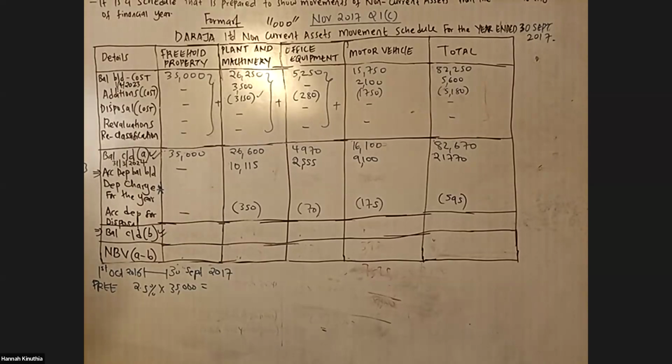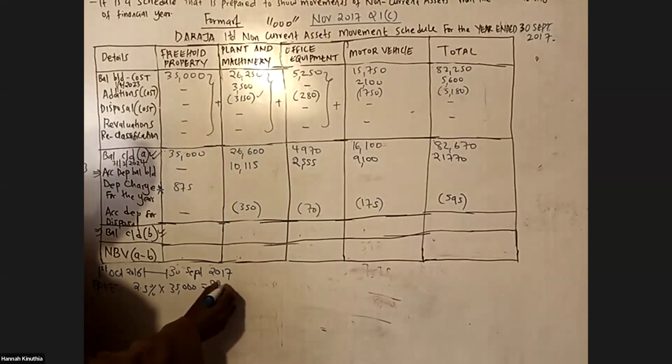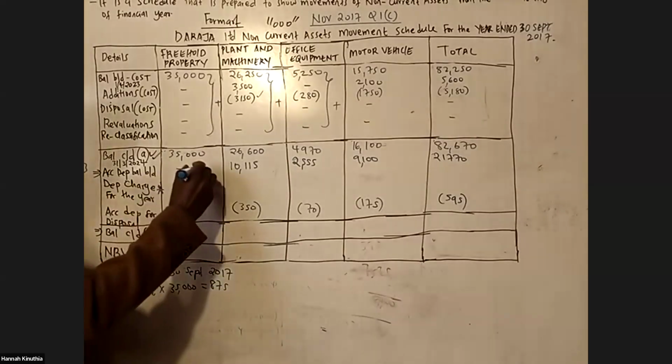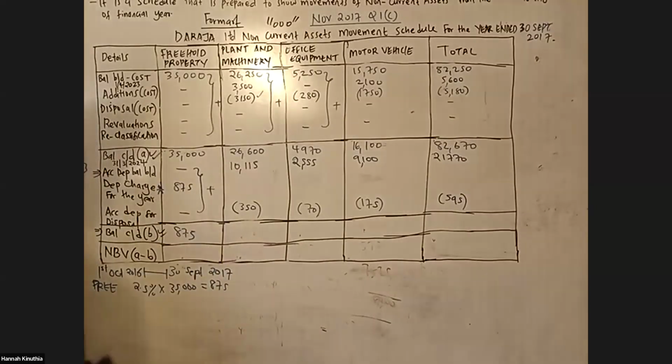Inakuja ngapi? 2.5 over 100 times 35,000, 875. Are you getting that one? Is that all correct? Itakuwa 875. Is that one correct?